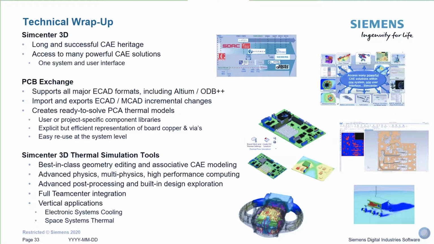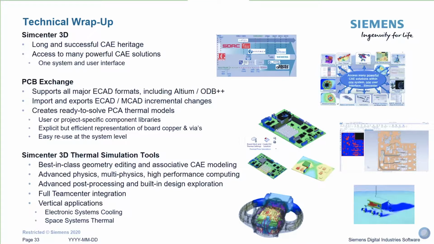We saw some of the post-processing. Sorry, there's thunder outside here. There are advanced post-processing features. We saw some of them today. Quickly mention that this can all be managed through Teamcenter PLM software, and we talked about the two different flavors for the solver.